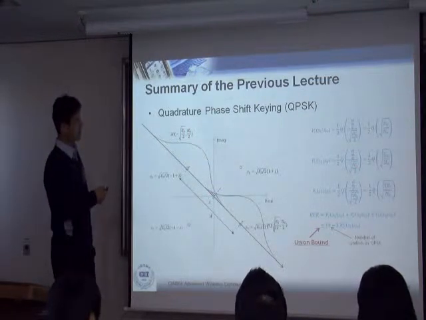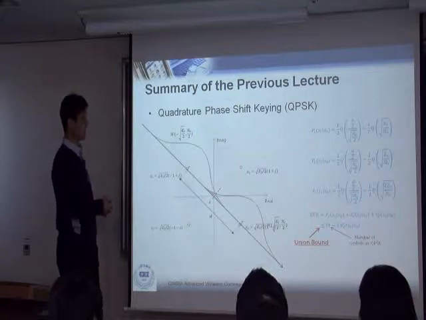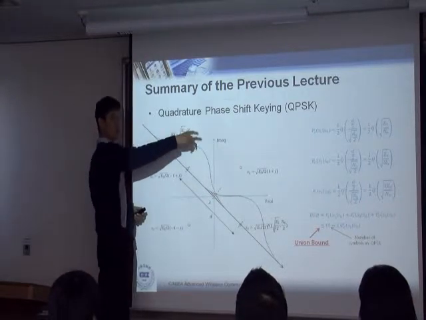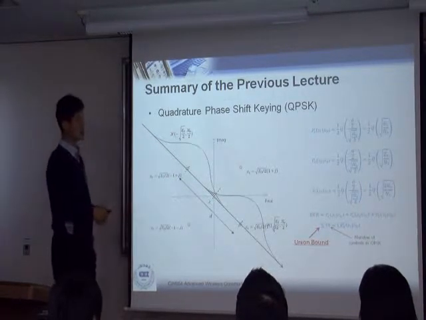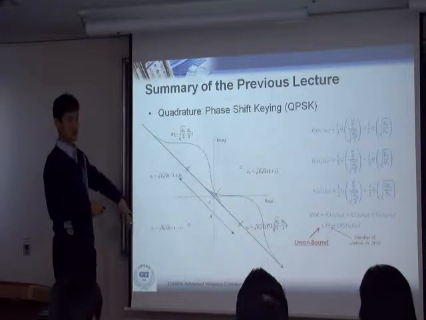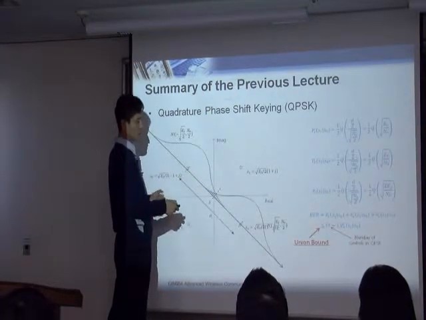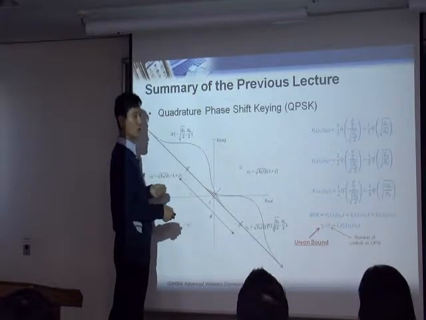But typically, when you consider high order modulation, like this one, this is QPSK, but you can even think about 16 QAM. With high order modulation, you cannot really calculate one by one like this. There are so many different symbols. So typically you don't do that. What you do is use a bound.